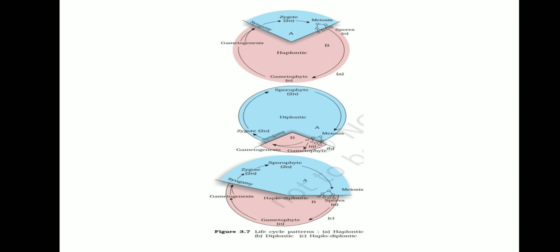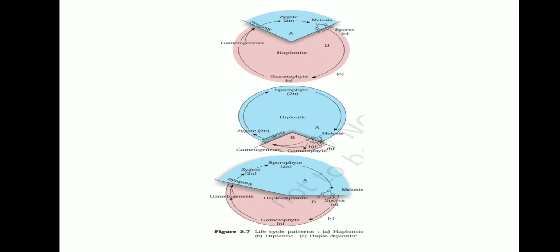A dominant independent photosynthetic thalloid or erect phase is represented by a haploid gametophyte, and it alternates with the short-lived multicellular sporophyte totally or partially dependent on the gametophyte for its anchorage and nutrition. All bryophytes represent this pattern.